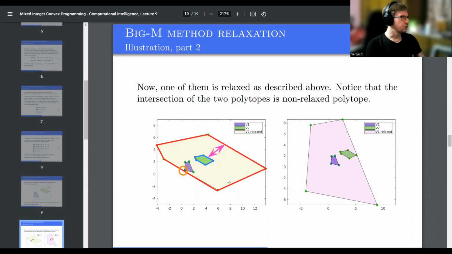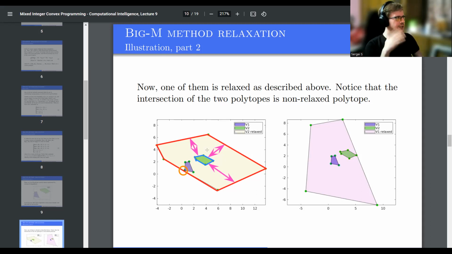And of course, here I chose M to be uniform. You could instead choose a vector of different M's, so that this distance, for example, or this distance wouldn't have to be so big. If you choose to relax in particular directions, it would have been much simpler, of course.